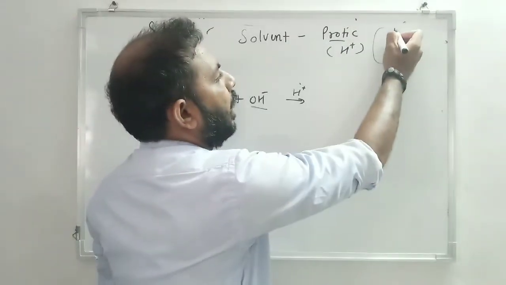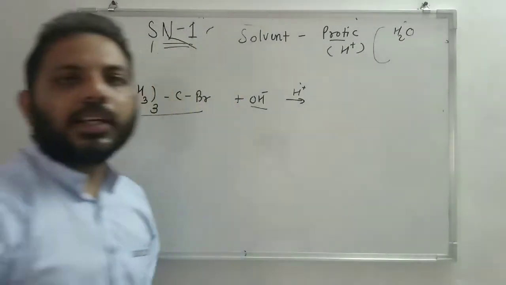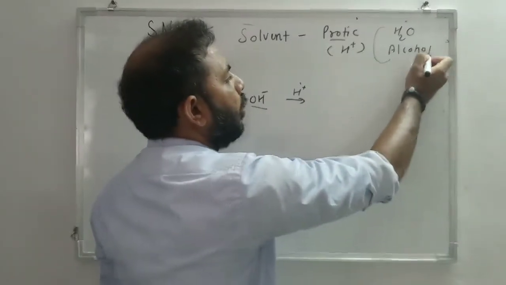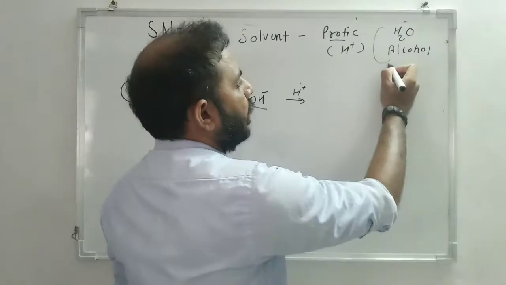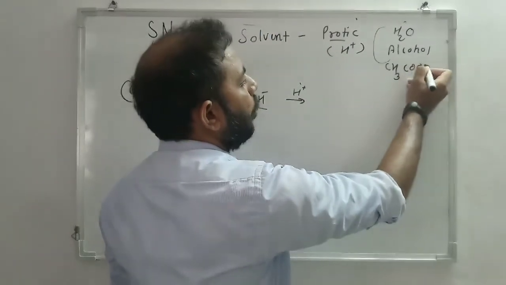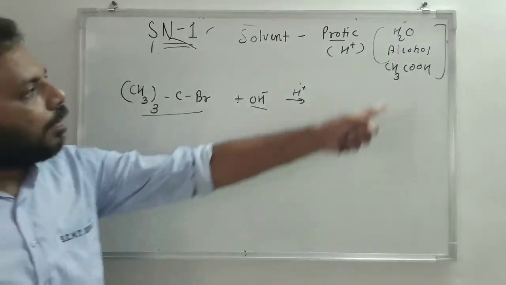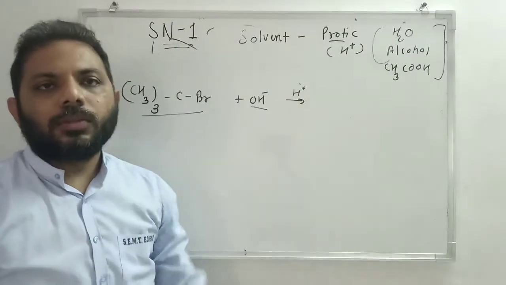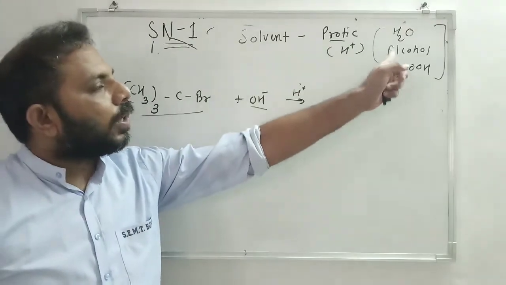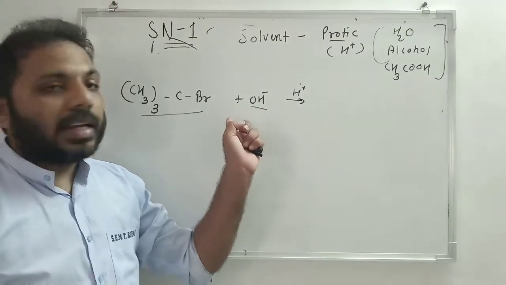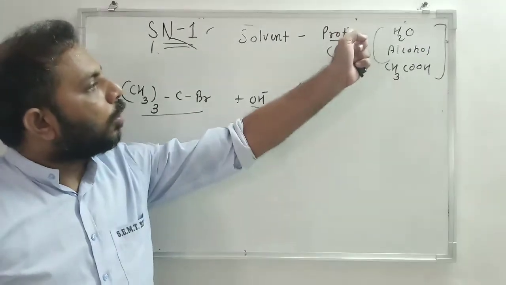We can use H2O, which can give proton, we can use alcohol, which can give proton, or we can use acetic acid. So these are the solvents which are having proton and they can donate protons. Those solvents which can donate proton are known as protic solvents. And for the SN1 reaction, protic solvents are used.